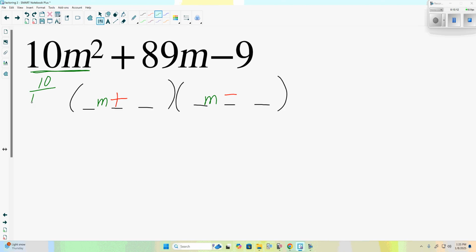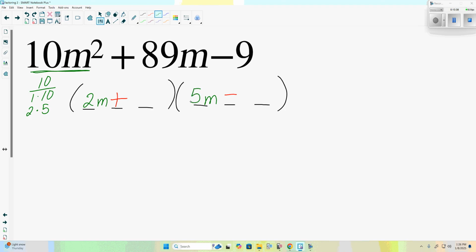Now 10 is going to be 10 and 1, 1 and 10, or 2 and 5. This is the first one where the first term actually did have more than one set of factors. Doesn't change anything, but we have more factors to look at. Now between these two here, 1 and 10, 2 and 5, which one do we want to try first? 2 and 5.